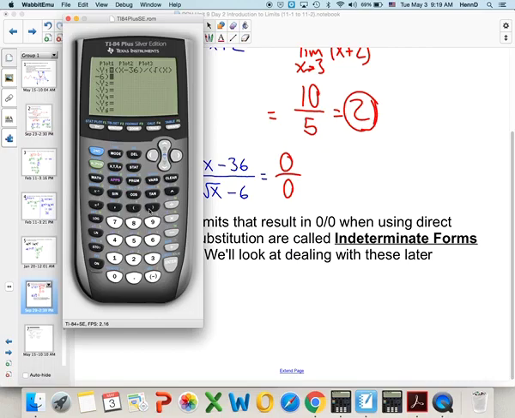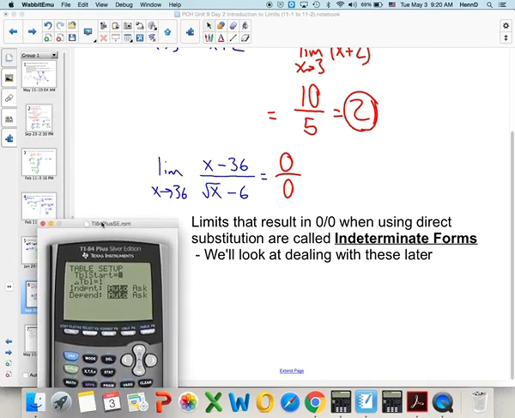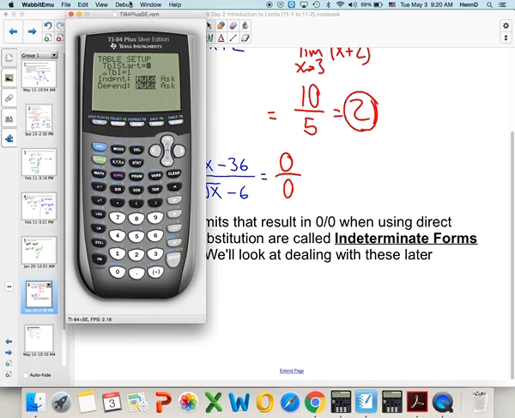Okay. And I'm going to set up a table. And we want x to approach 36, right? So I'm going to have my table start at 35. And I'm going to make my delta table be a 0.1. Now we'll be able to kind of see it here, even at least with a 0.1.